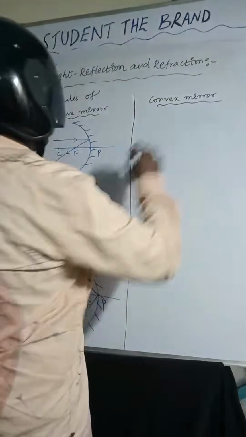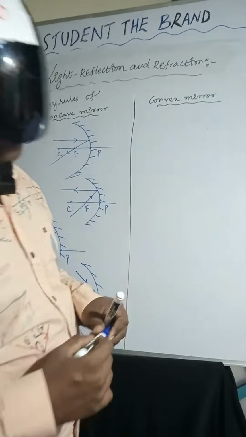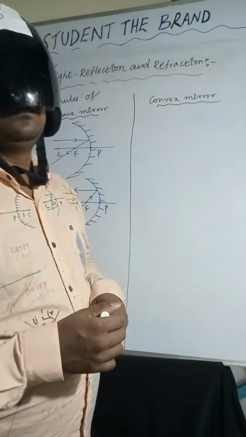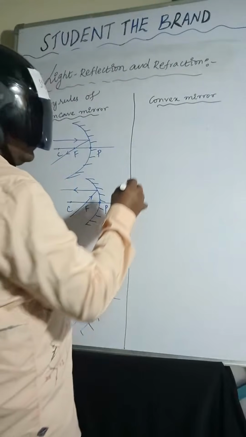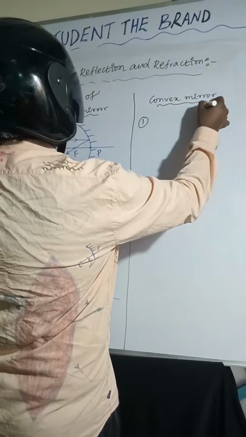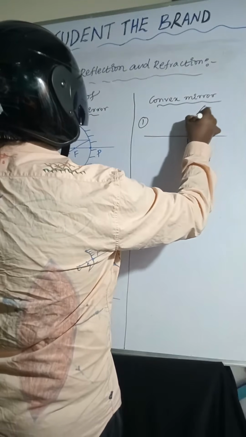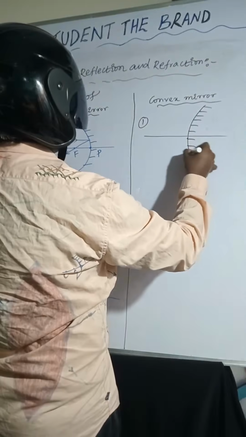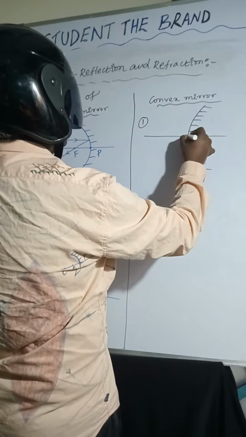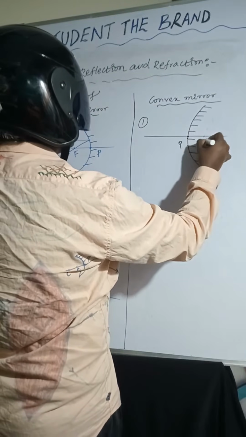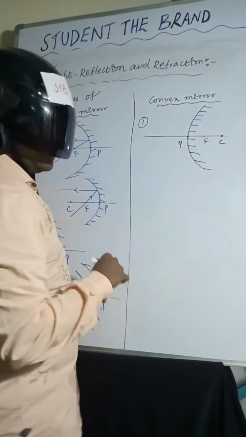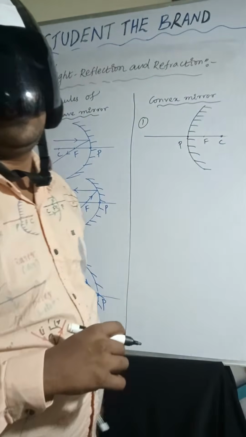Okay, so coming to the convex mirror. First one: pole, focus, center of curvature.